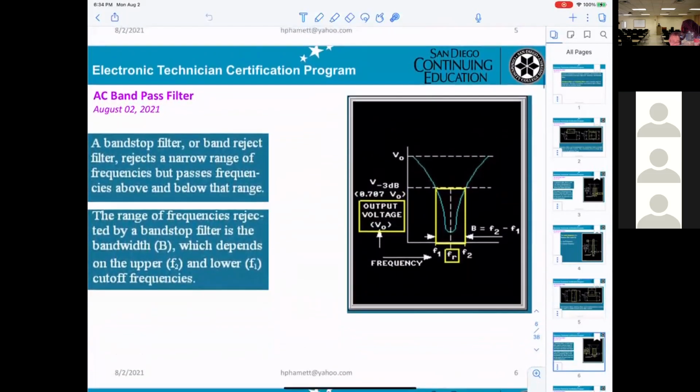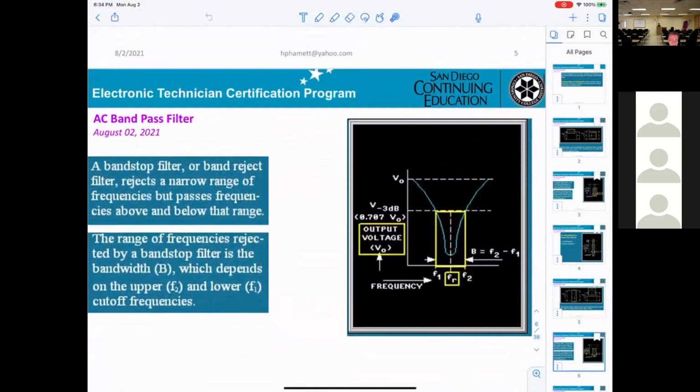Now, this is the output of the band stop filter. You can see this is the V out, going down this way.